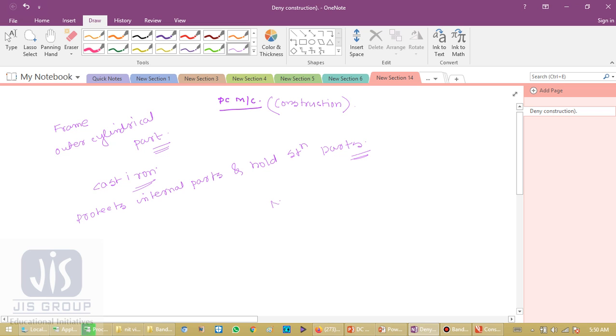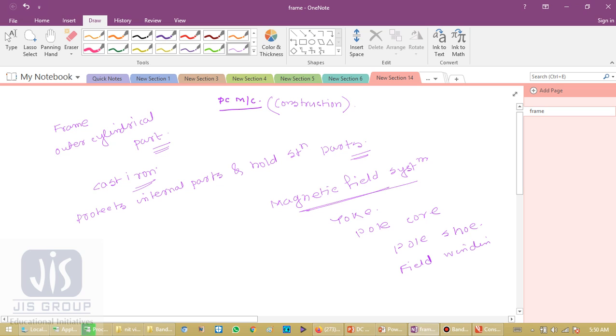So the frame basically holds that magnetic field system, which is basically the yoke, pole core, pole shoes, field winding.